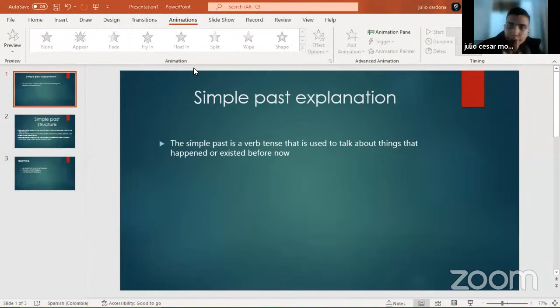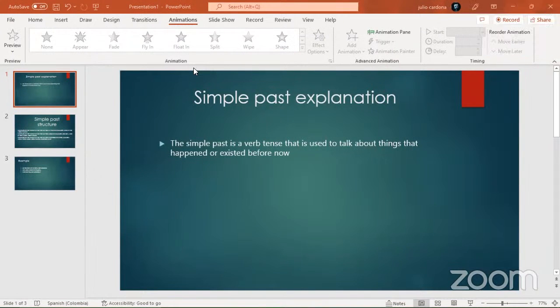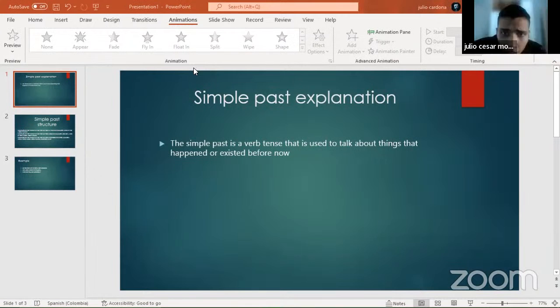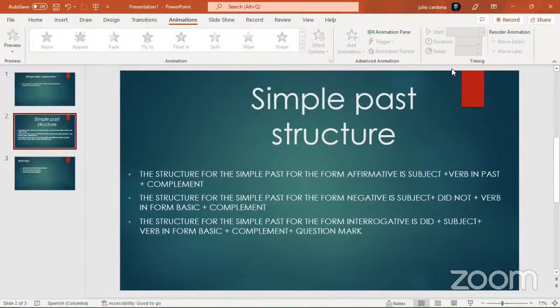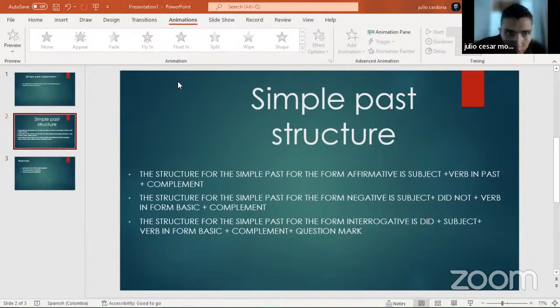Can you see my screen? Okay, simple past explanation. The simple past is a verb tense used to talk about things that happened or existed before now. The structure for the affirmative form is subject plus verb in past plus complement.